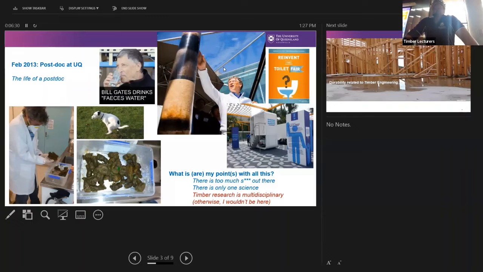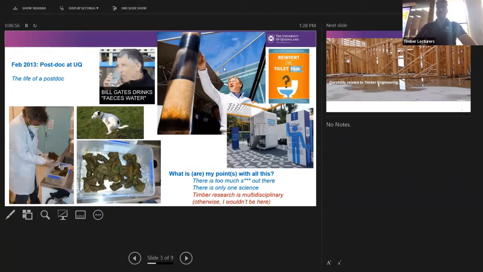I have worked as a researcher. I'm working in timber now. I have published papers in energy, ecology, combustion, timber, education, pretty much a lot of things. I like to think of myself as a scientist rather than a researcher or a guy in a square doing civil engineering.